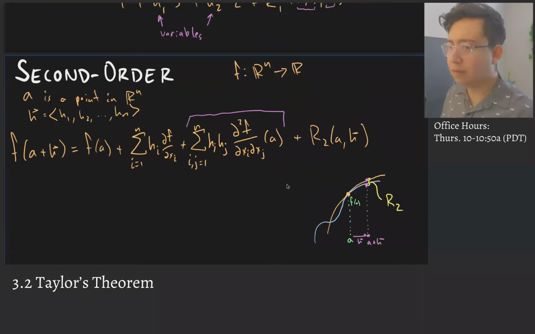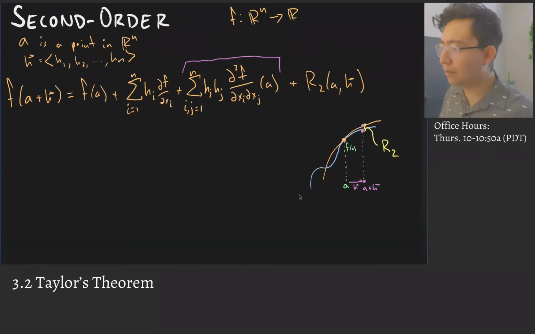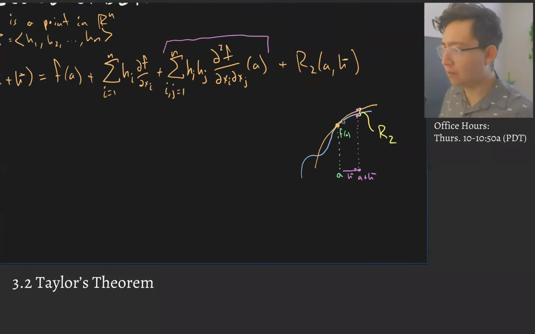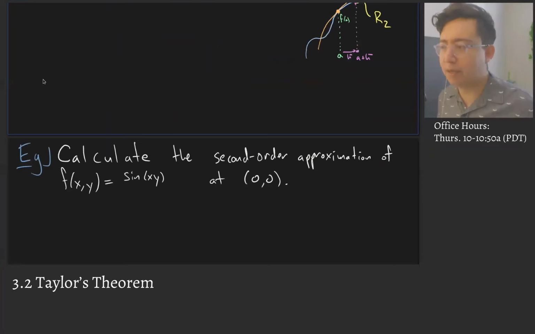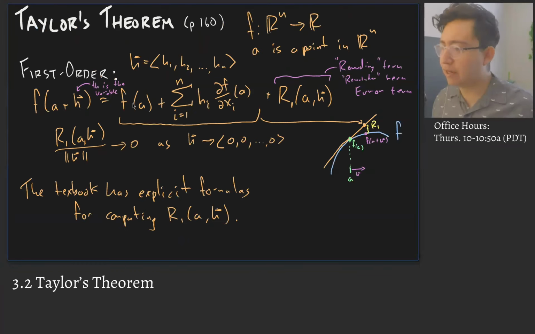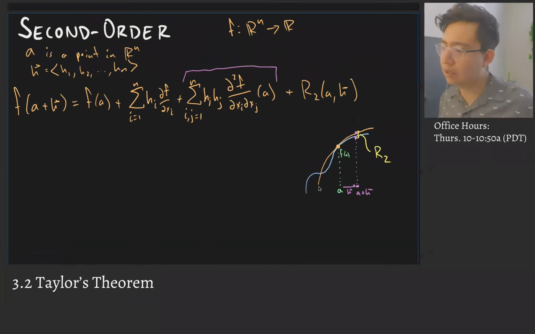I'm trying to zoom in a little bit so you can see better. It's the same picture as what we saw up here, except instead of a tangent line, we're using this curve.